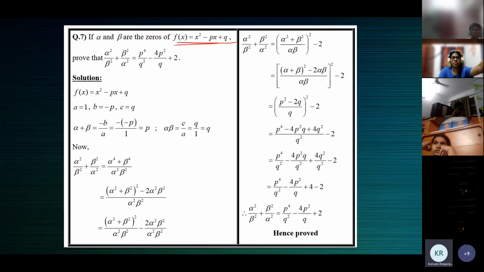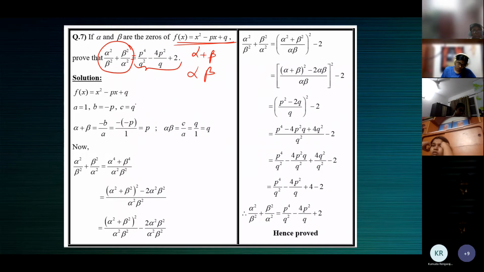Why are we given this? To find the value of alpha plus beta and alpha beta. Now, what are we supposed to do? We are supposed to show that the value of this one is equal to this, which means you are supposed to take up this one, work this and show that its value is equal to this.